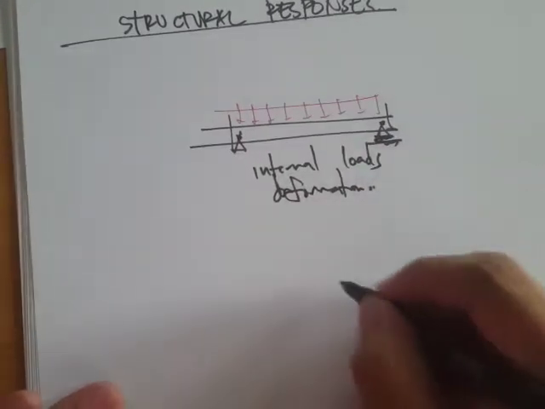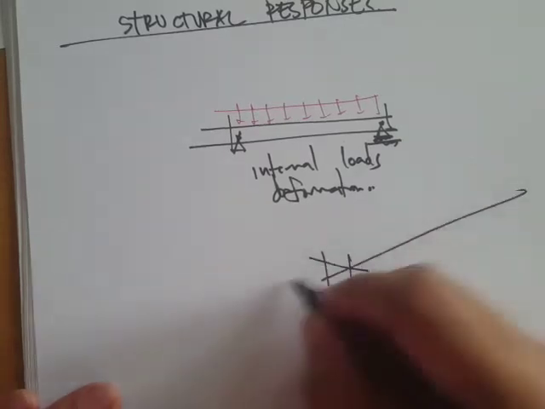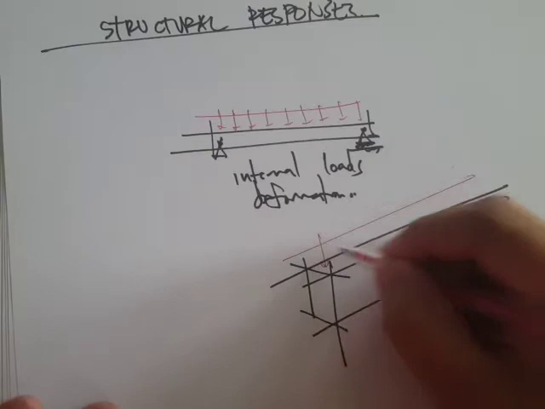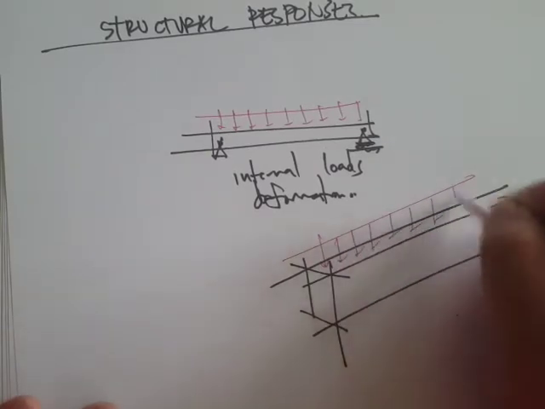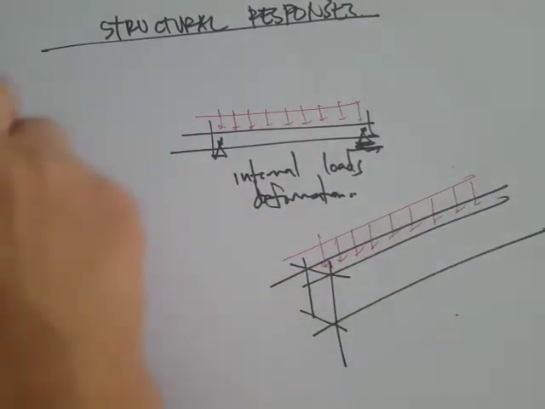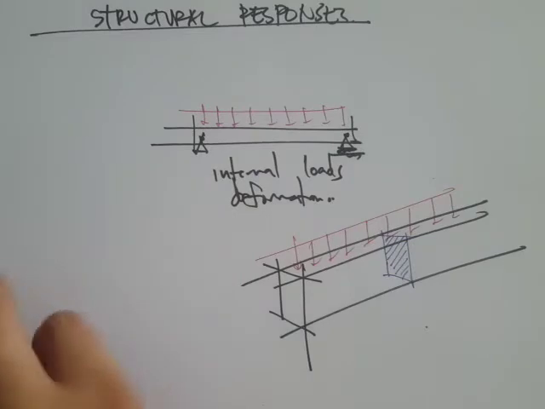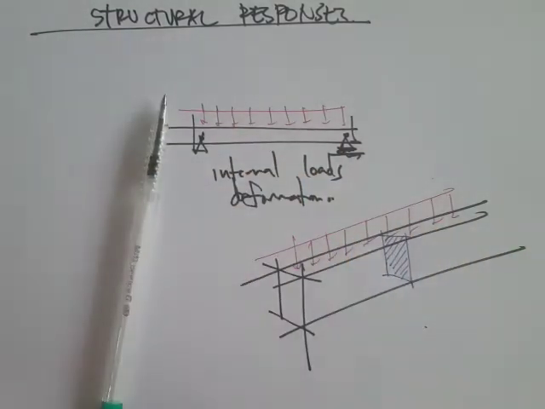Okay, so if you try to draw it in 3D, this is the beam. Then we have these flexural loads. But if we cut a section, let's say right here, what we'll see is that we'll have stresses, a force distribution.